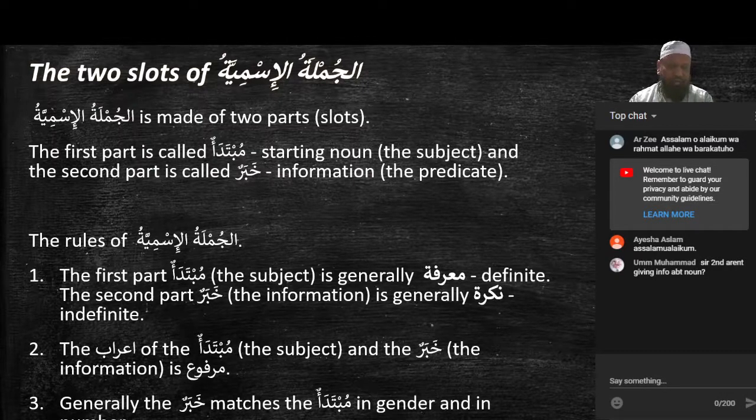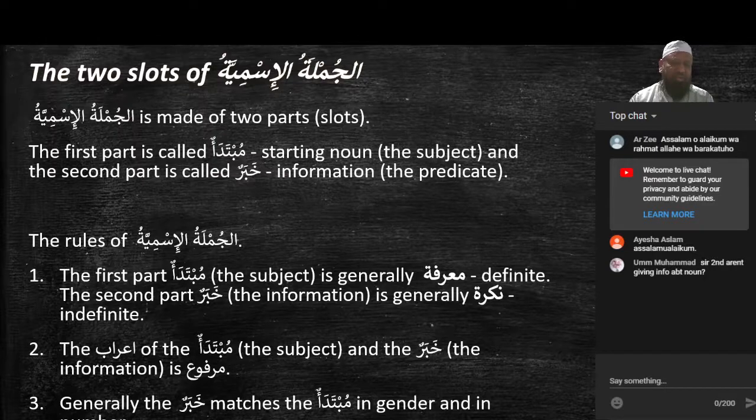And if mubtada is muannas, the khabar will match in gender muannas. What about in number? Mubtada we can start with the mufrad, but khabar has to also be mufrad. Mubtada we can start with al-muthanna, so khabar has to be muthanna. Mubtada we can start with al-jama', the khabar has to match, khabar has to also be a jama'.